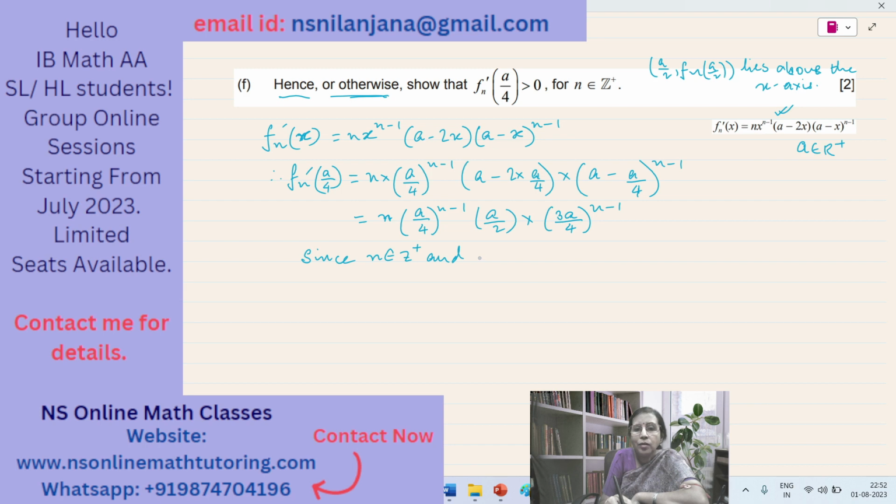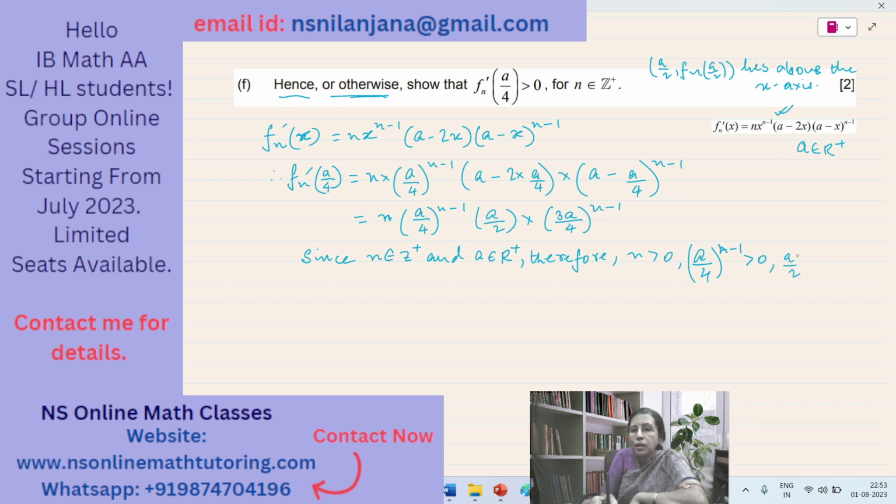So, and a belongs to the set of positive real numbers. Therefore, n is greater than 0. A over 4, it is just containing 2 marks. So, a over 4 to the power of n minus 1 is greater than 0.